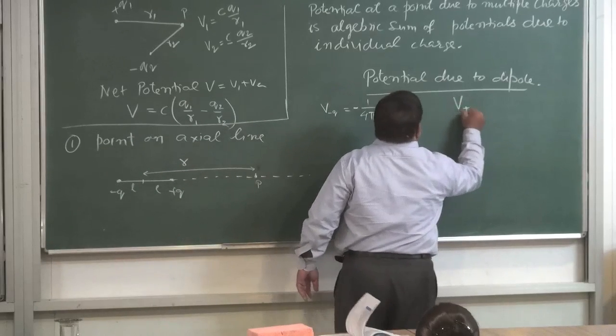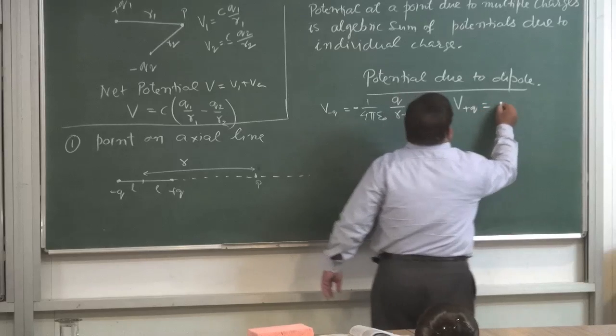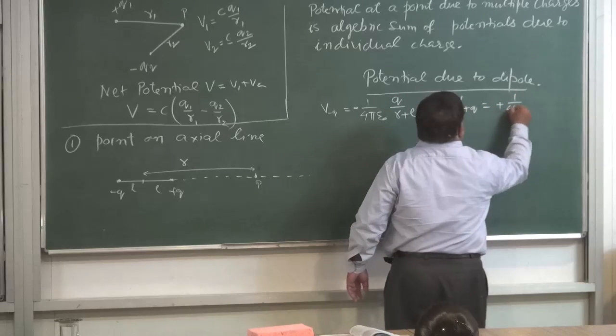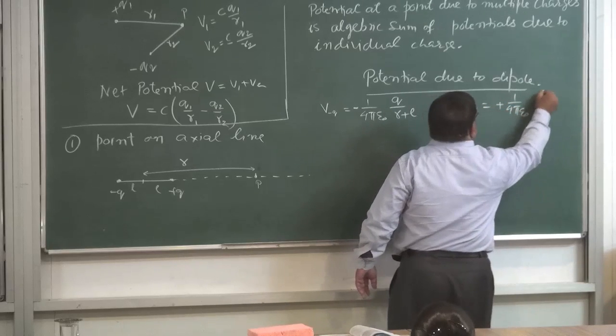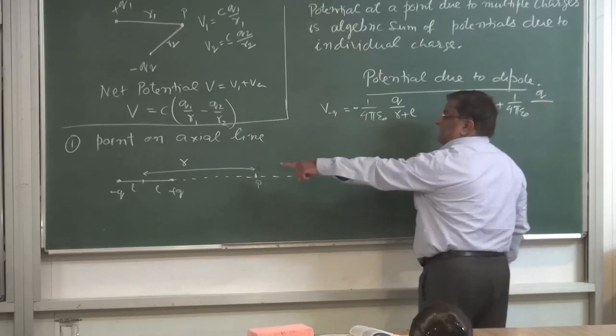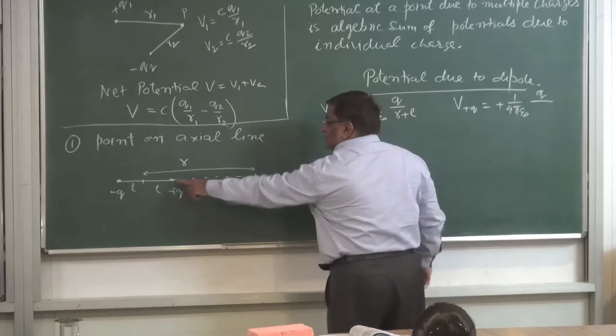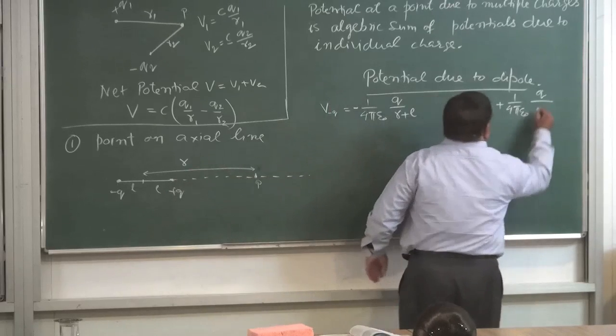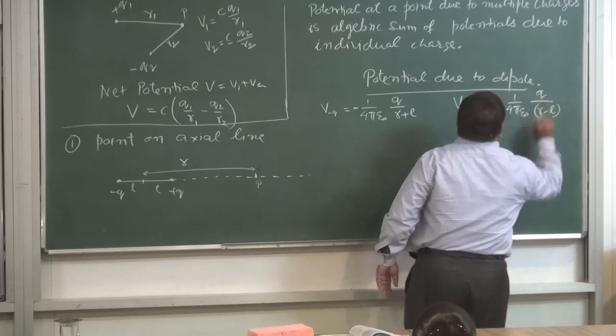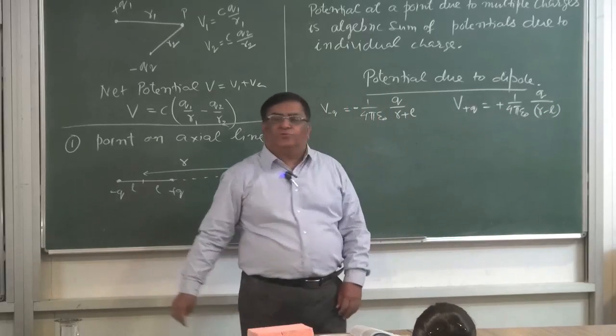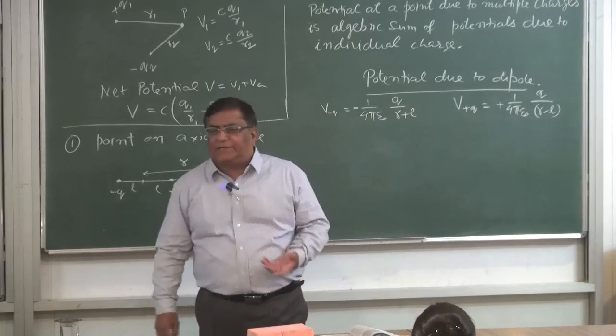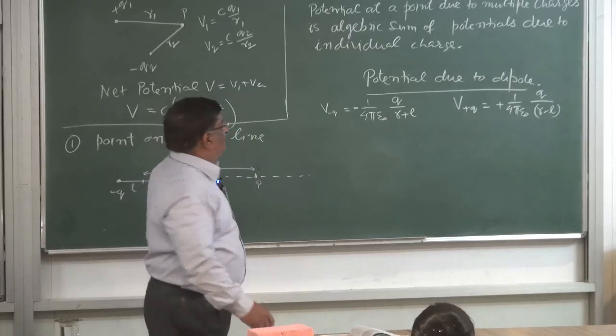And V due to plus Q, this is plus 1 upon 4 pi epsilon naught Q upon, what is the distance of the plus Q? R minus L. These are the potentials, and how to add them? It's not a vector quantity, scalar, simply add it up.